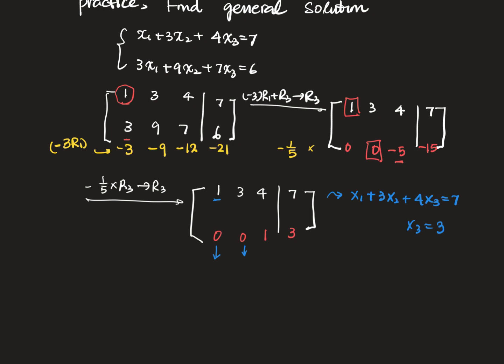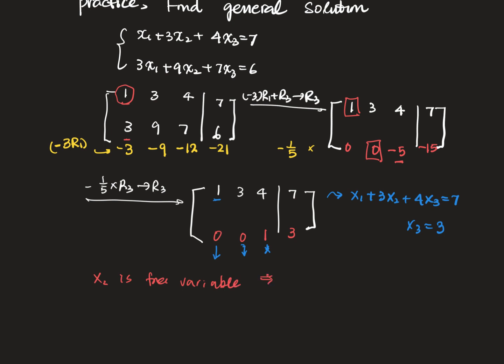Here is no pivot column because 0. That's x2. Here is a pivot column, that's x3. So x2 is not a pivot column. So you're going to pick, guys, x2 as the free variable. Okay, that's the free variable.